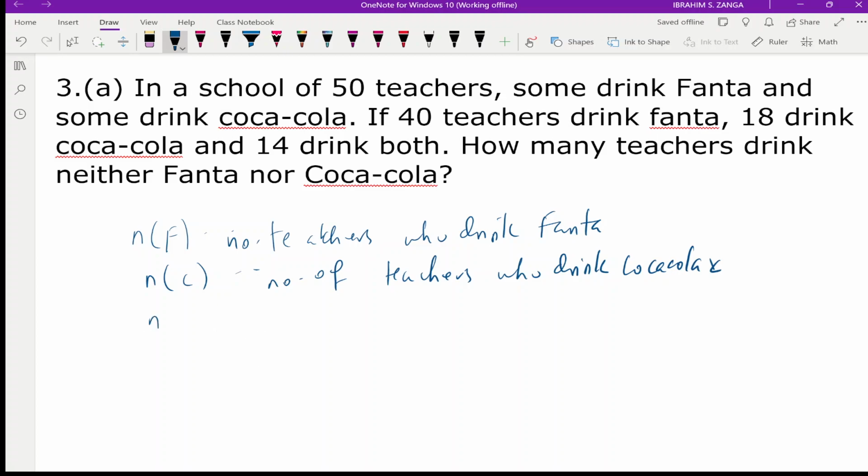And NU, this is the universal set, the number of items in the universal set.